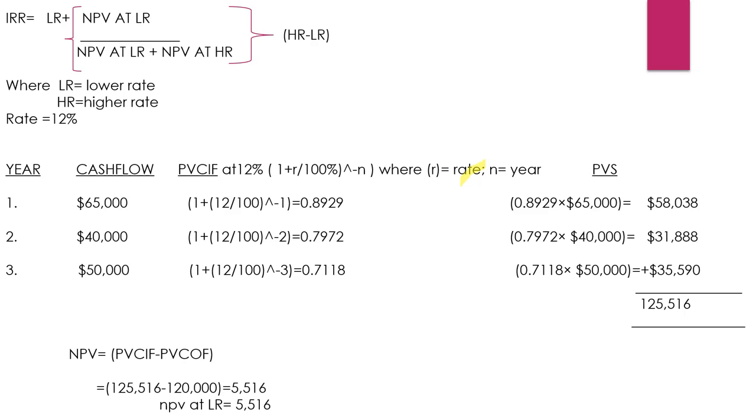It is because we are in the third year. So the value you get is 0.7118. So the present value of cash flow is 0.7118 multiplied by $50,000.